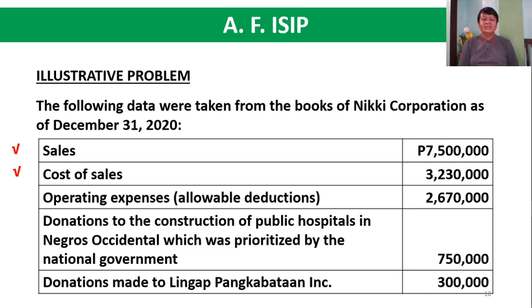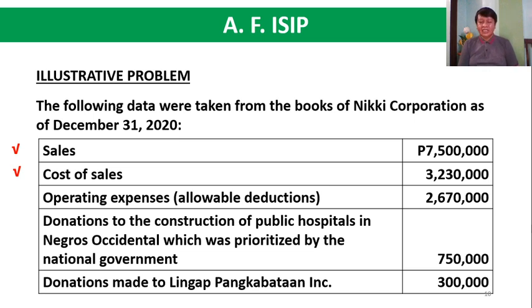Meaning to say, the sales of 7,500,000 is the selling price, while the cost of those merchandise that you sold is called cost of sales. It is the amount of the merchandise that you sold without markup, while the sales of 7,500,000 is the amount of the same merchandise that you sold with markup.